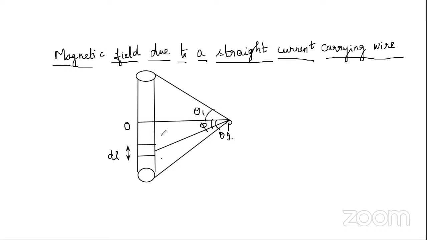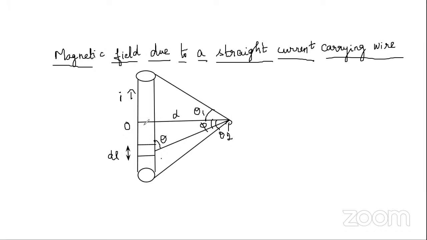Then this angle you can consider as theta. This point P is at a distance d from this center. And here current I is flowing through this entire wire.